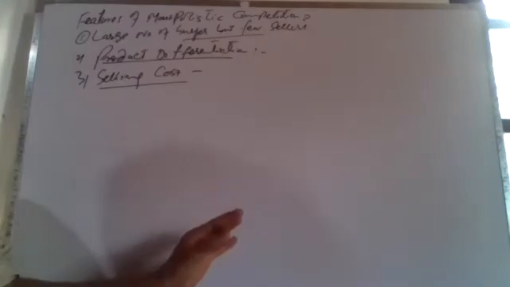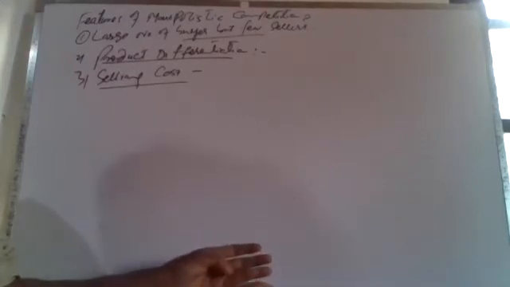The next very important feature, which is seen in no other market, is selling cost. Every producer in this market has to incur a unique kind of cost, which is not seen in monopoly or perfect competition.